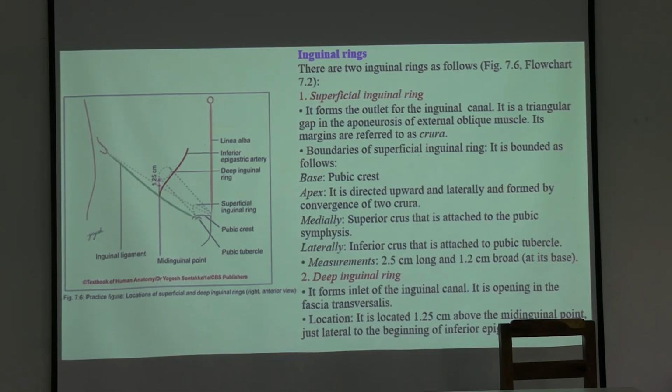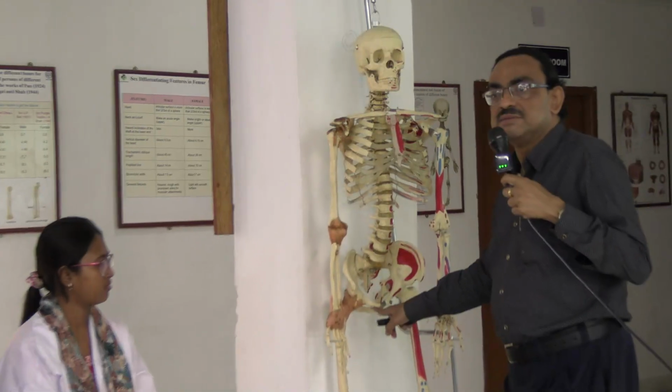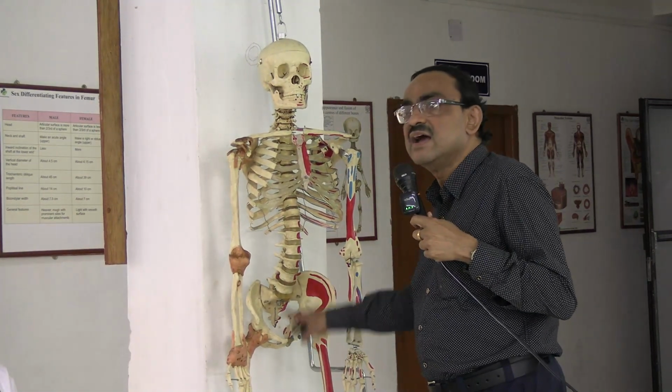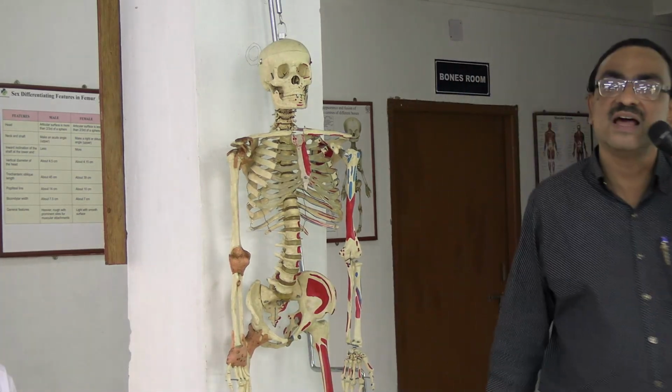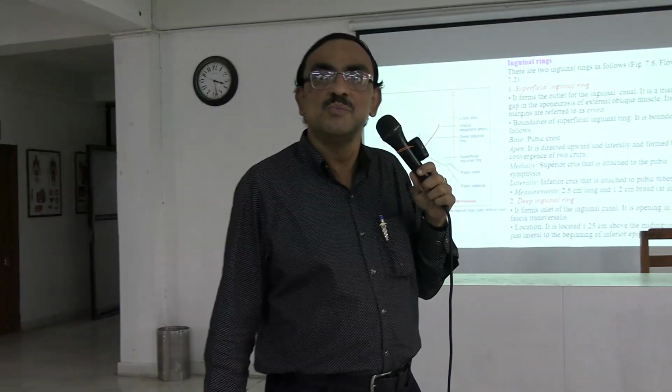And where is the situation of the superficial inguinal ring? We can see this is the pubic crest. Just above, we are getting a triangular opening within the external oblique aponeurosis, and that is the superficial ring.